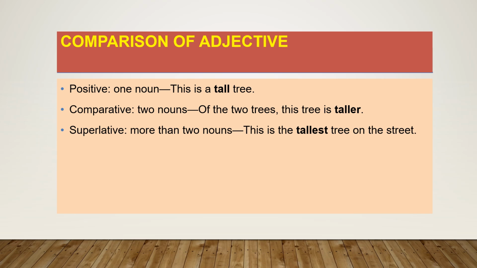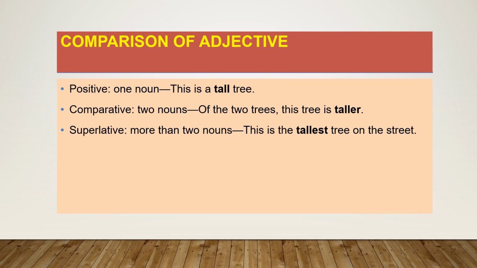Then you have the comparative degree, where you are using an adjective to compare two nouns. Where the number of nouns increases to more than two, three, four, five, six, or hundreds and thousands, it is called superlative.